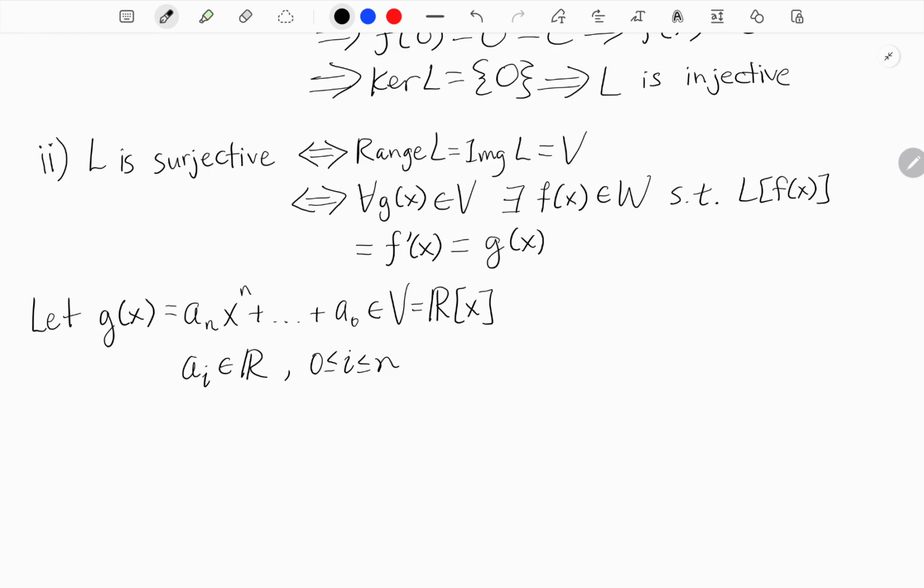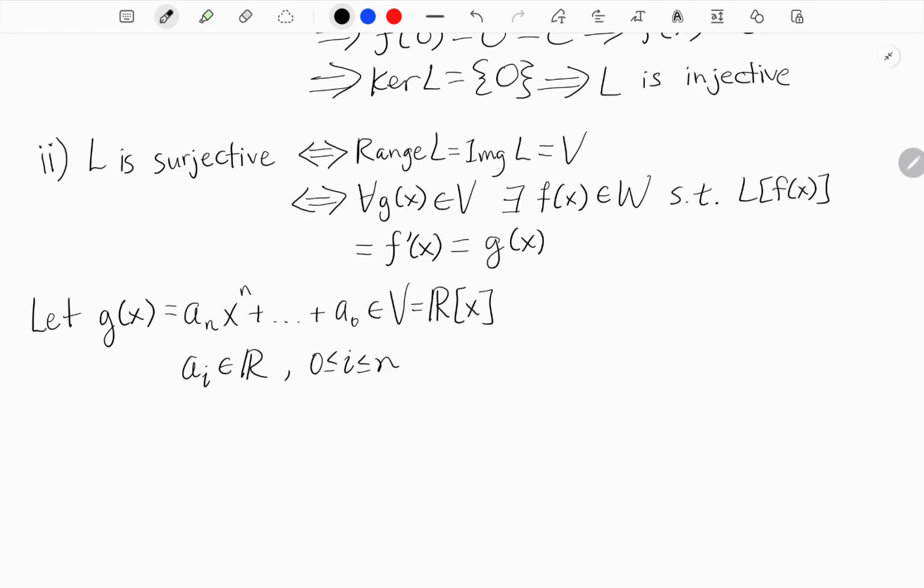So if this is the case, is it possible for me to find an f of x so that the derivative f prime of x is equal to g of x? Suppose I found one, f of x. So we're kind of working backwards here.